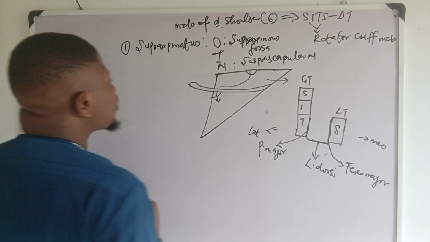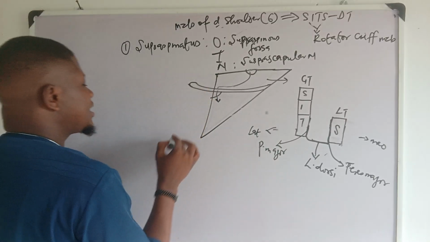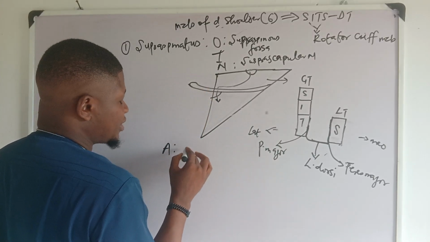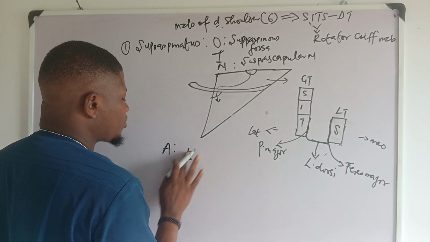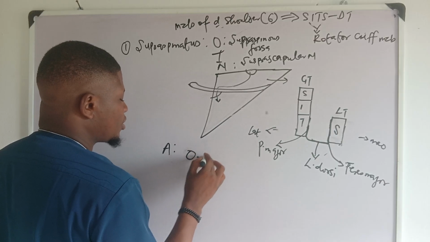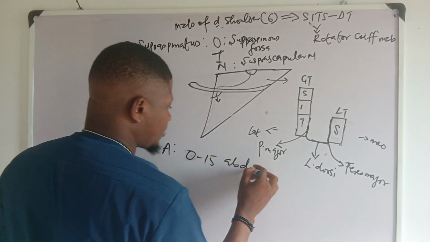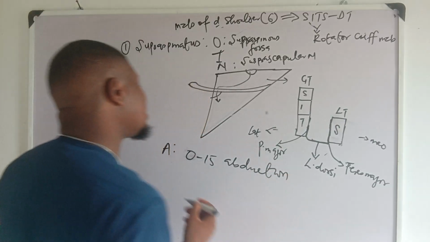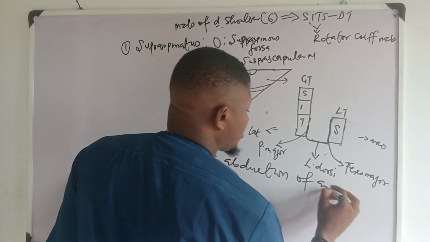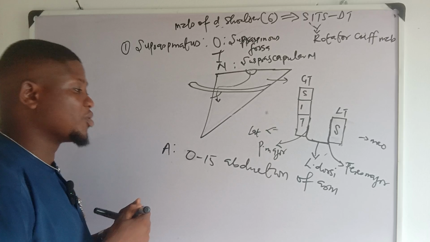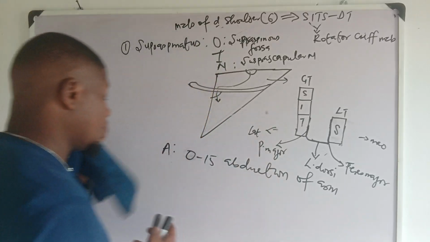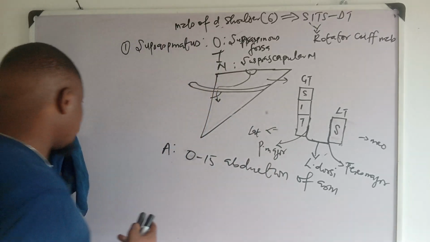Then the action: this muscle does 0 to 15 degrees abduction on the arm. Remember, I told you the arm is used interchangeably with the humerus, or the shoulder. Okay, then let's continue.